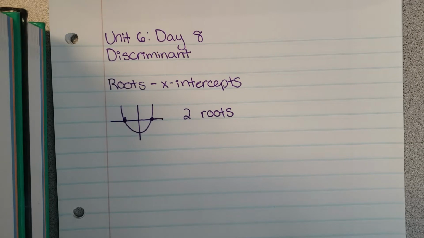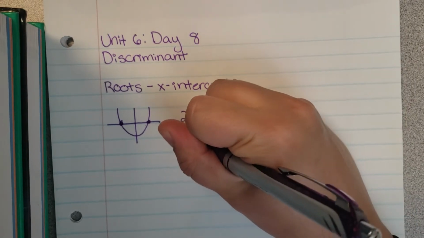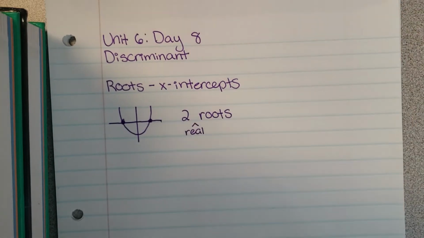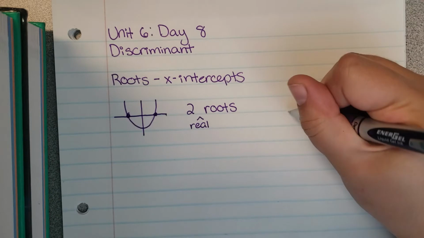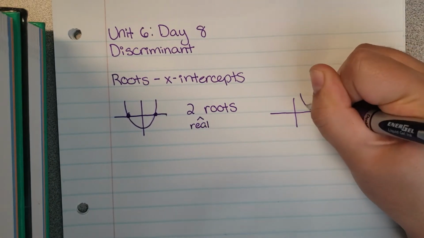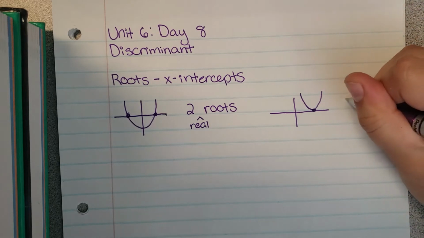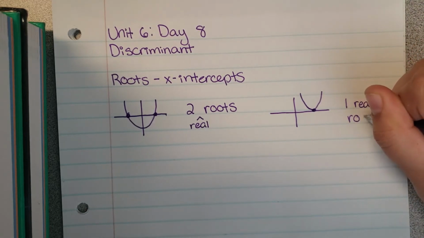Not every quadratic has 2 roots. By the way, these are real roots, and we'll talk about why they're real in a second. So 2 real roots. This quadratic function has 1 real root because it intercepts the x-axis in one place.